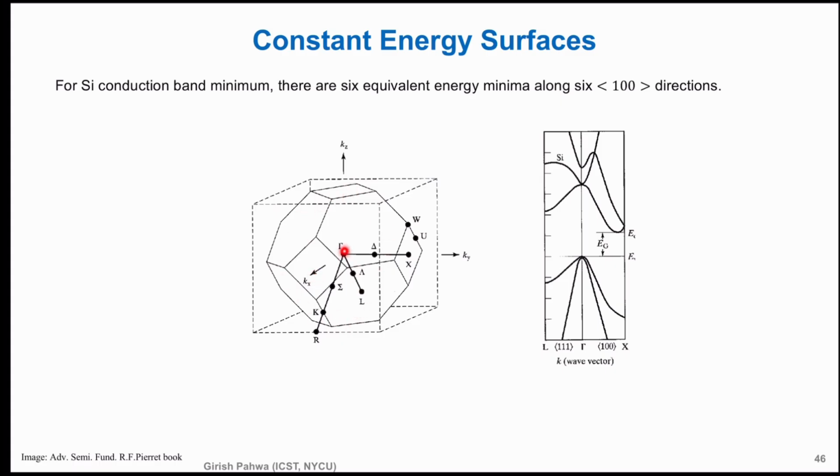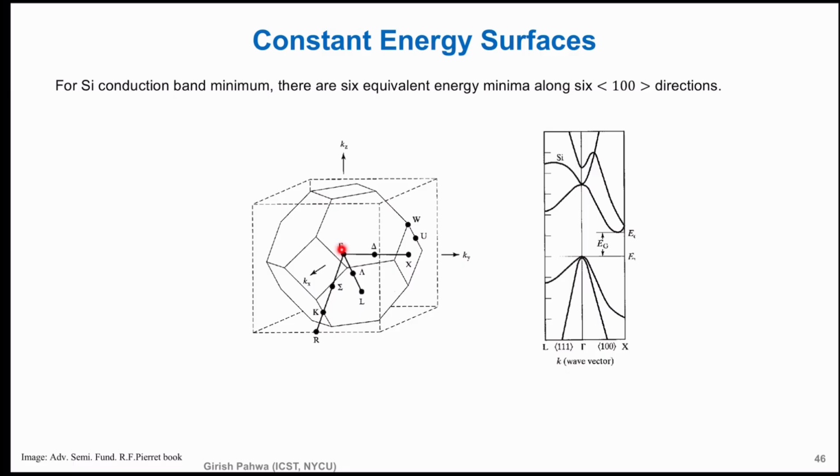So this is the gamma point at the center of the Brillouin zone, and this is my x direction. So this direction is 100, right? This will be some other direction, 010. Similarly, you can have 6 directions: this, and then 3 negative.